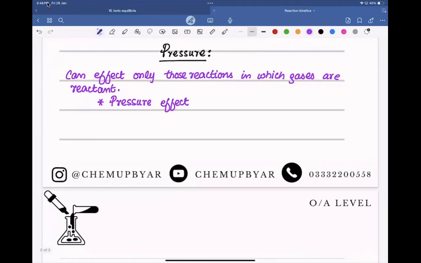And if there is a lower pressure of the gas, the particles are further away, the frequency of the collisions would be lower, and as a result, the rate of reaction is slower. Is this clear? I'm just not writing it; you will explain it in the same way as we explained concentration.